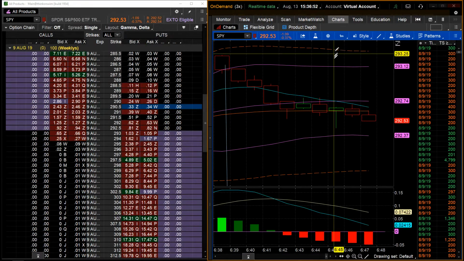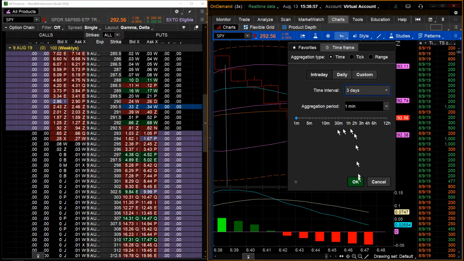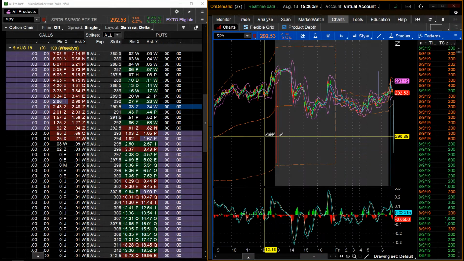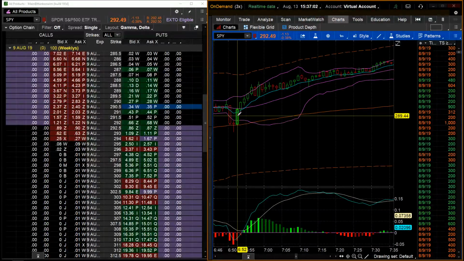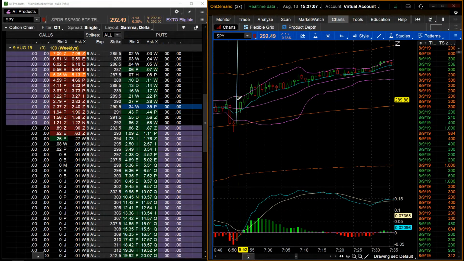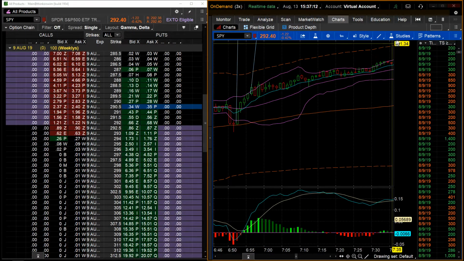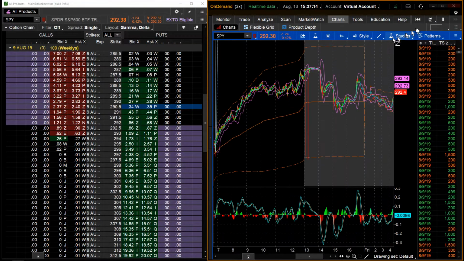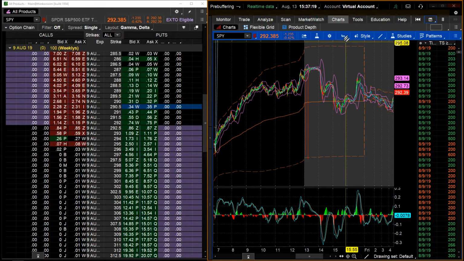Now let me show you how the calls react to price action when it's going up. Let me just take a quick look at it right here. 652 to 656, 652, previous day.